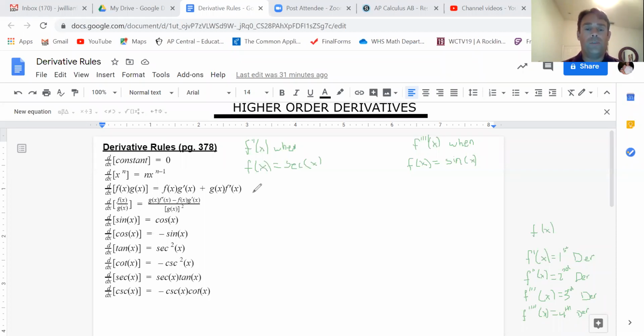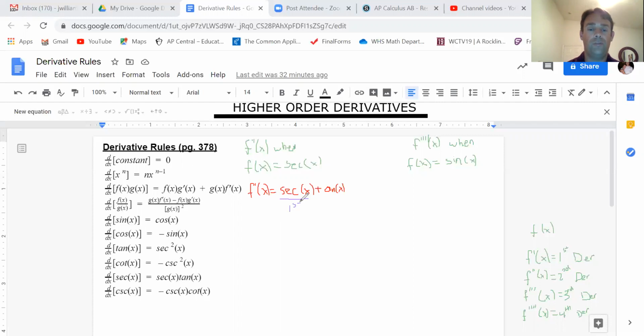All right, here we go. Secant, remember that one. That's one of my special derivatives here. So I get secant x tangent x. And uh-oh, careful, because now to get my second derivative, I'm going to have to do a product rule.